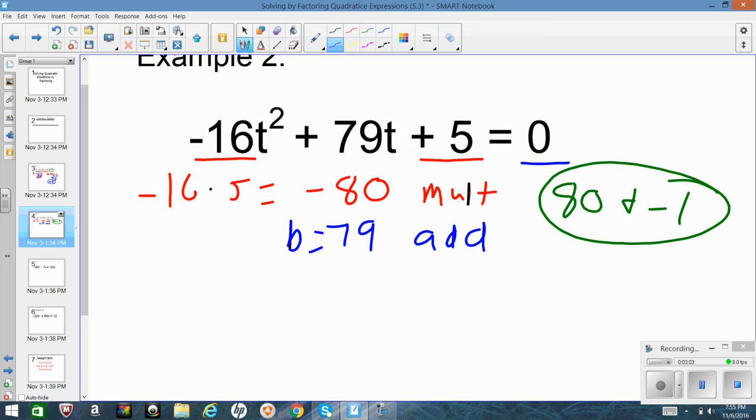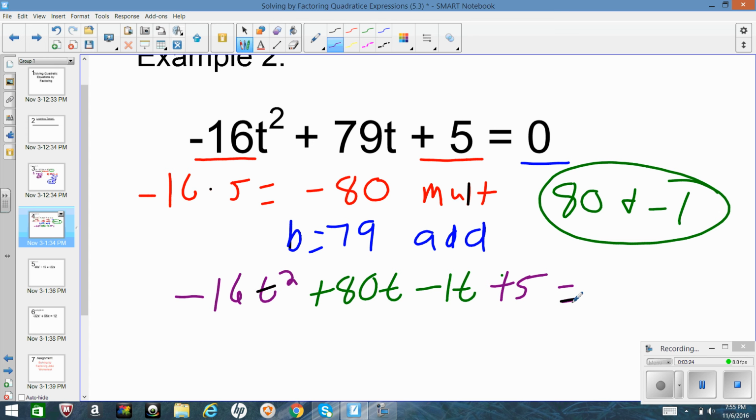So our first term stays the same, negative 16t squared. Then we have our middle terms, our two magic numbers, so plus 80t and minus 1t. The plus 5 stays the same, and that equals 0, which stays the same.